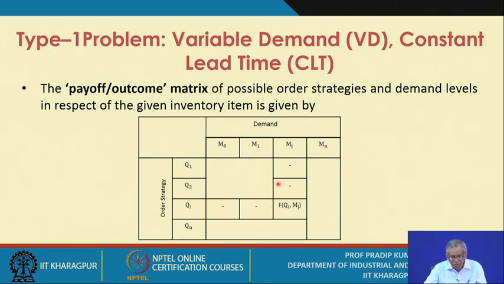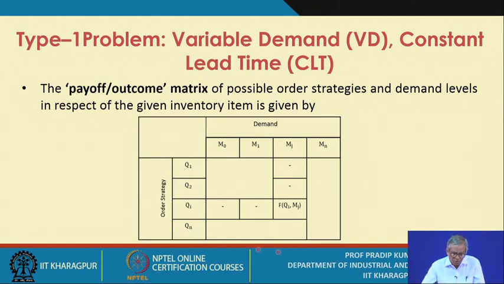So in general, suppose order quantity is Qi and the demand level is Mj. You use these notations, f of Qi Mj. That means with this combination what is your payoff or outcome. In monetary terms usually you need to determine first.